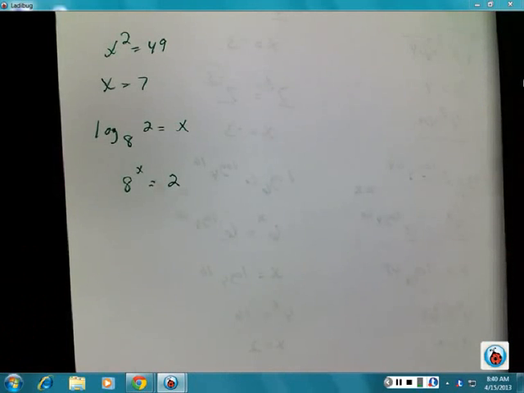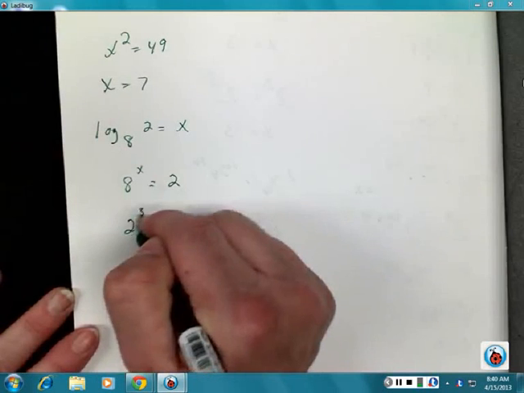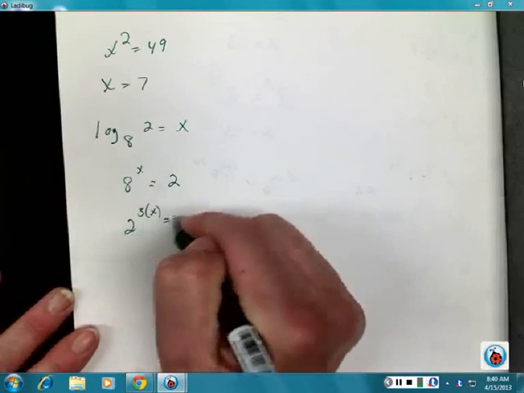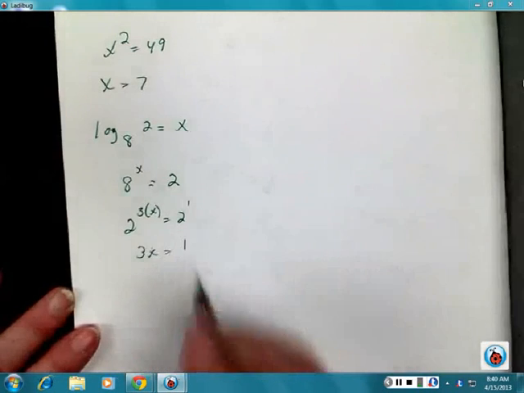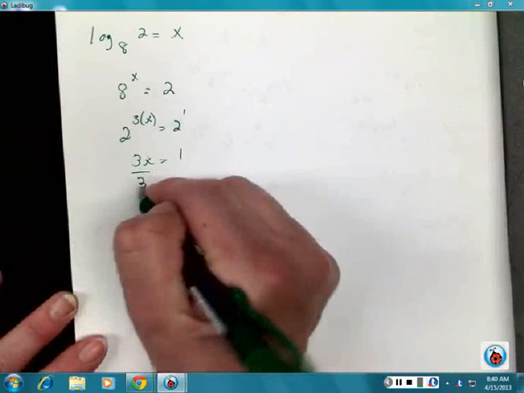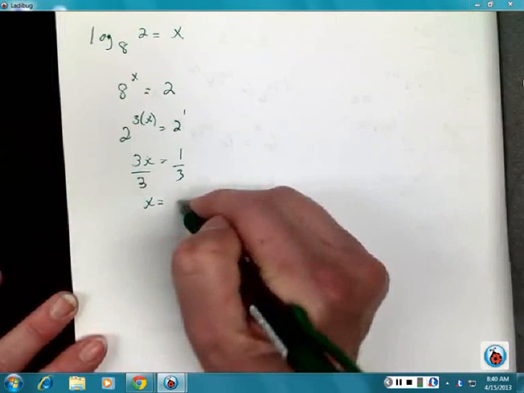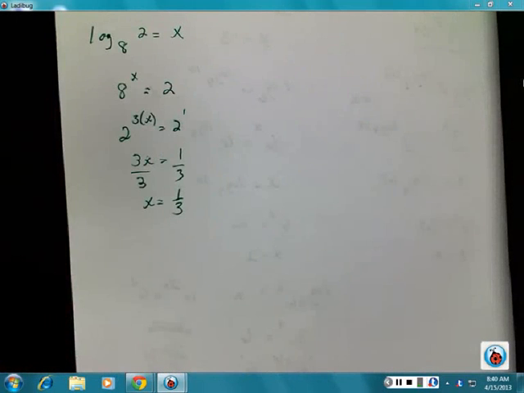No, 2 times 2 is 4, times 2 is 8, so it should be a 3. So it should be 2 to the 3 times x equals 2 to the first power, or 3x equals 1. Divide by 3. Find x is equal to 1/3. So you get 1/3 out of that.